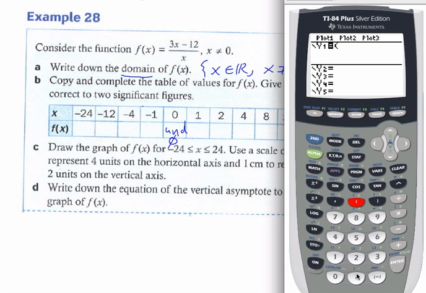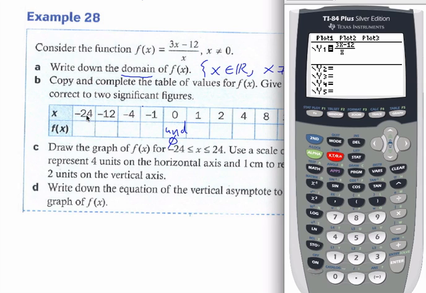You'll likely need some brackets first, or let me do it this way: alpha, then y equals, and I can make a fraction right here. This is only available for the newer operating systems for the TI-84. So we have 3x minus 12 divided by x.